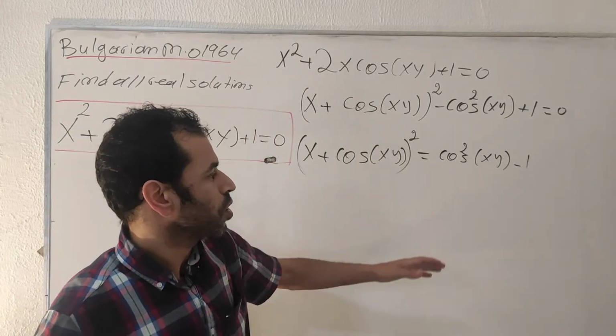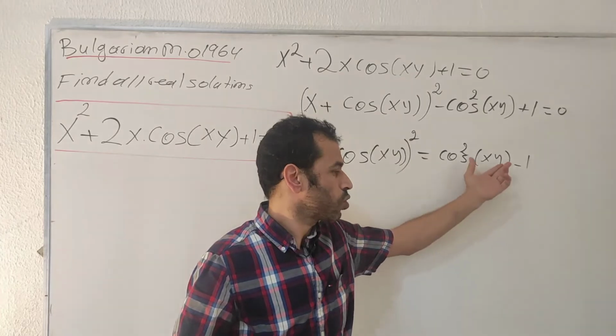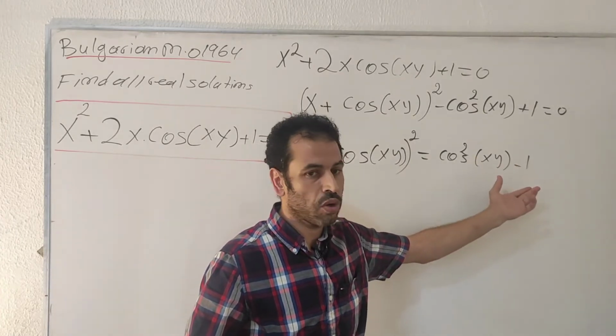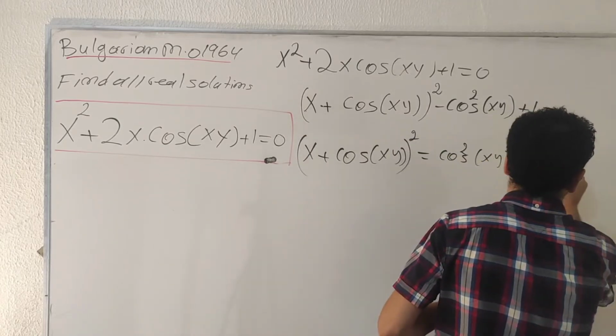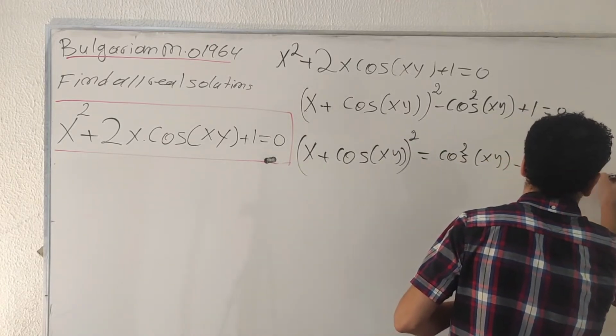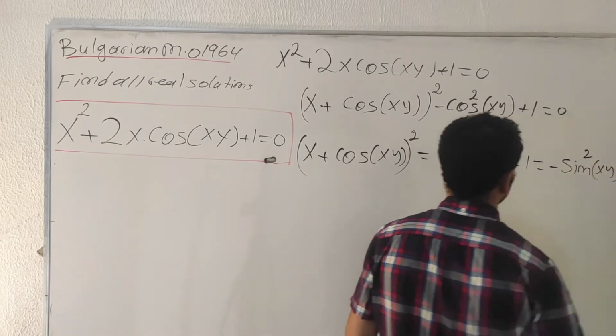Based on the trigonometry formula, cosine squared plus sine squared equals 1, so this is going to be minus sine squared of xy.